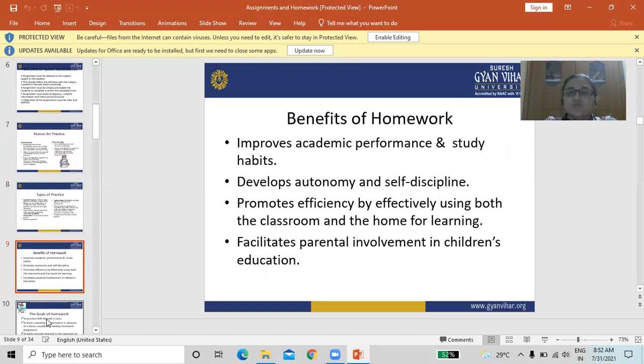Benefits of homework: improves academic performance and study habits.